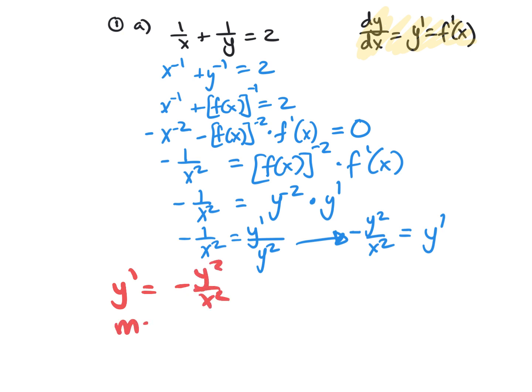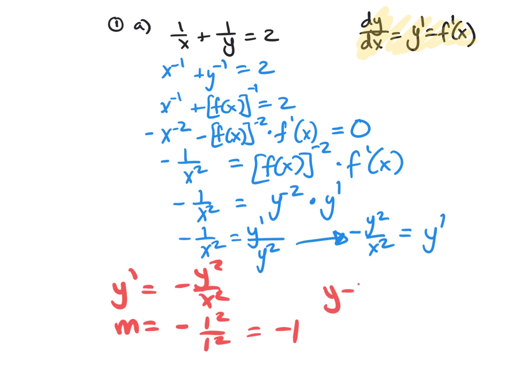So the slope, remember, of a tangent line is the same thing as the derivative at that point. So it's saying the point is 1, 1. So we're going to plug in 1 for both y and 1 for x. So this slope is just negative 1. And again, the point is 1, 1.